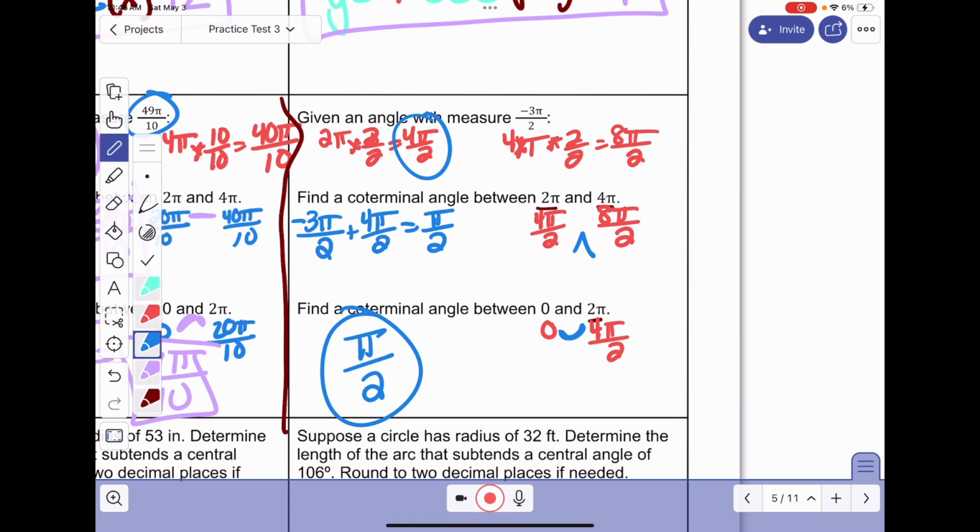We already found that one. To get to the next unit circle, we're going to add 4 pi over 2 again. And 1 plus 4 is 5. And 5 is in between 4 and 8, so we can stop there. So all you're doing is adding and subtracting 2 pi until you fall into the right range. If this were in degrees, you would just be adding and subtracting 360.